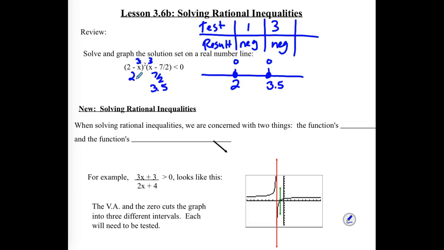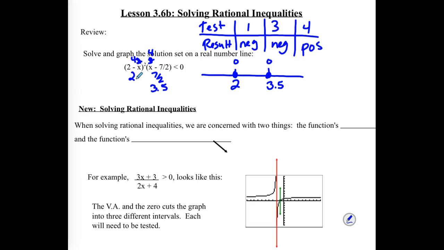And then testing something above 3.5, say the 4. What do we get if we put a 4 in here? Negative 2 squared becomes 4, so that's a positive piece. 4 minus 3.5 is positive. Positive times positive, we're going to be in the positive section.